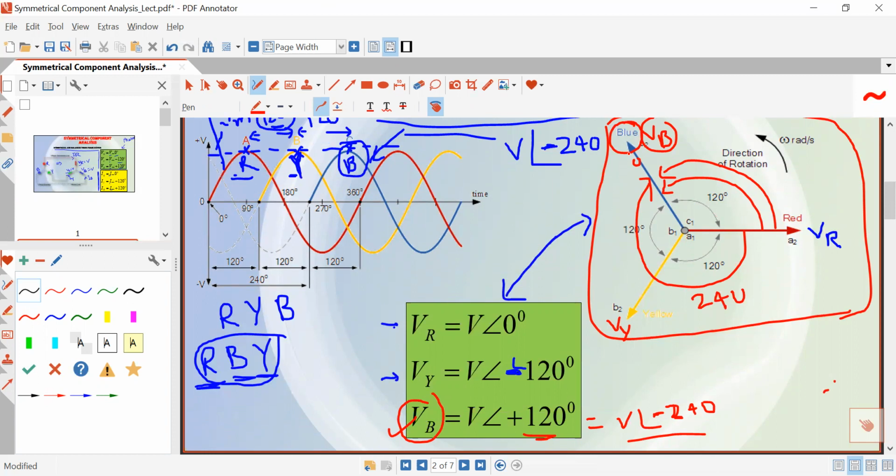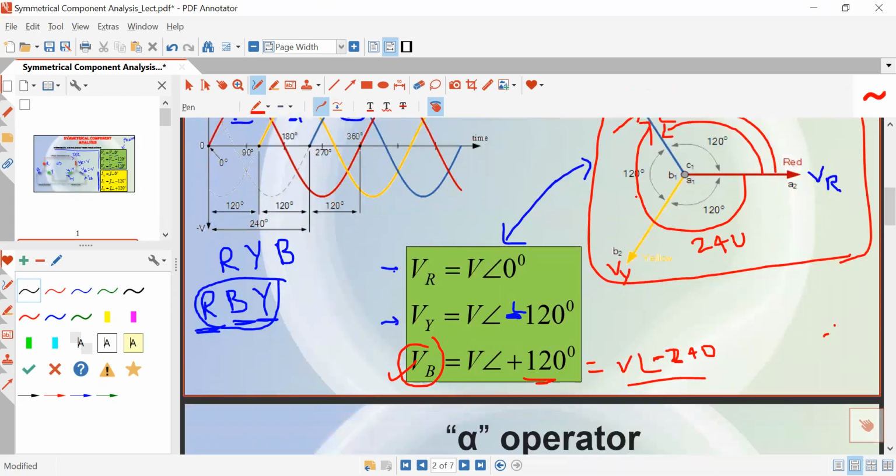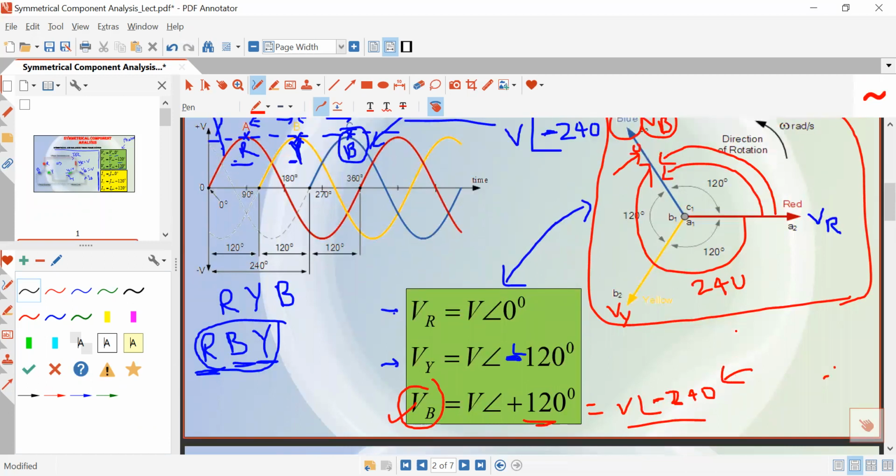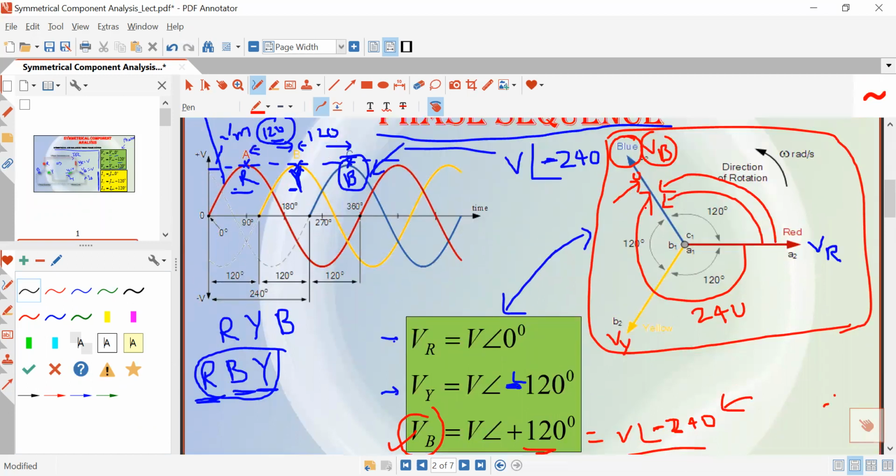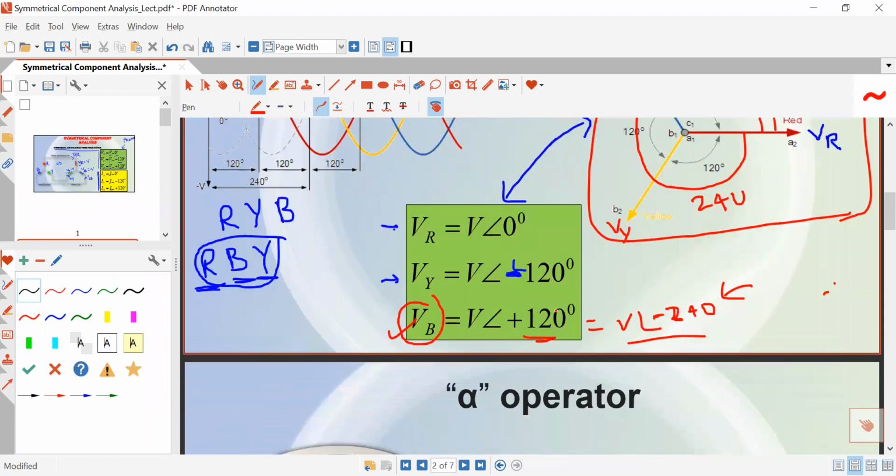If you consider it in clockwise direction, the angle will be minus 240. And if you consider it in anti-clockwise direction, the angle will be 120 degrees. So do not confuse plus 120 and minus 240, both are the same.